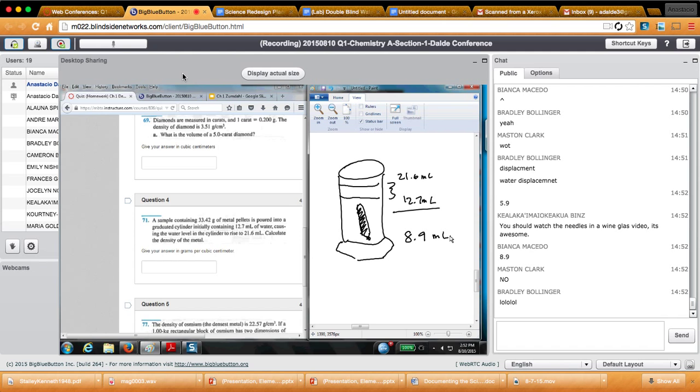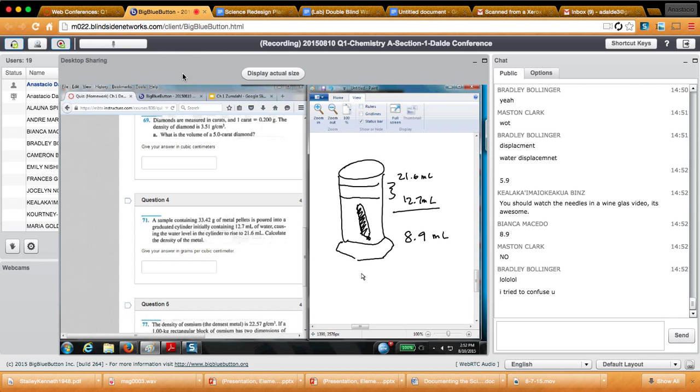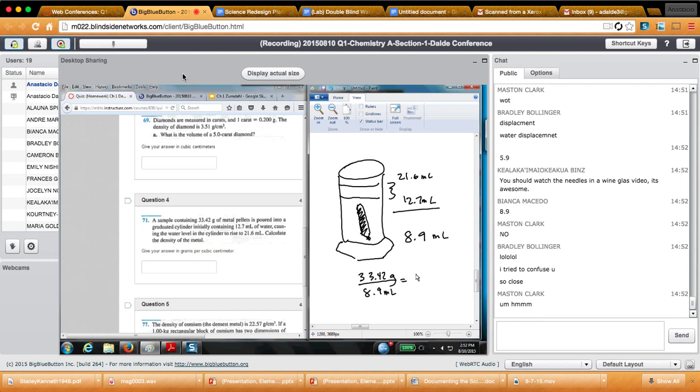All right. So calculate the density of the metal. Okay, so that would be 33.42 grams per 8.9 milliliters. Someone plug that into your calculator. 33.42 divided by 8.9. And I'll be honest with you, I could have just screwed up the answer.